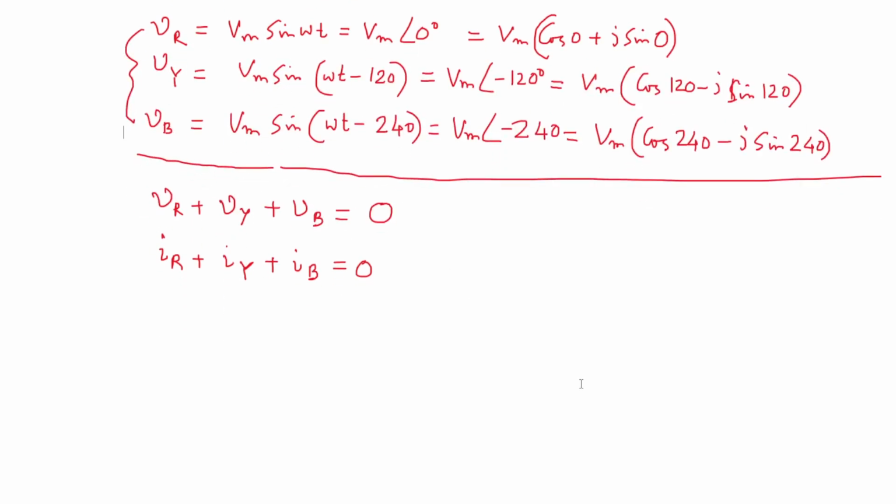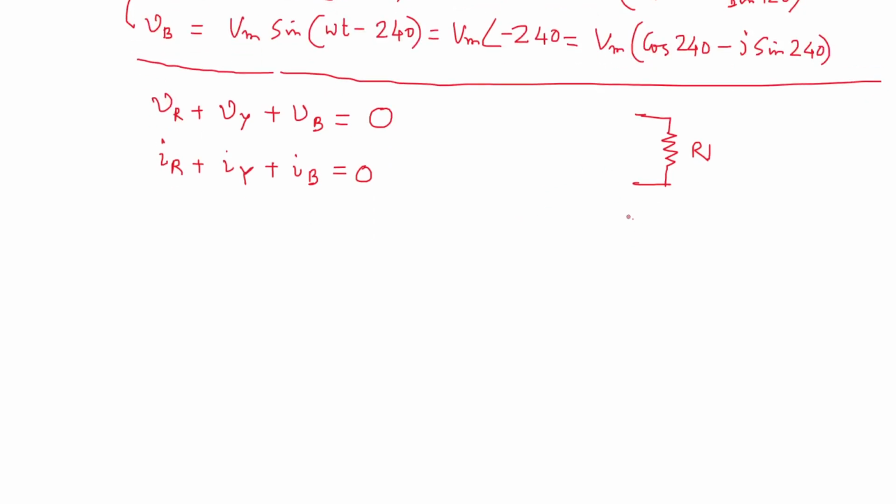Now let us say we have three resistances: resistance 1, R1, then resistance 2, then resistance 3, R3.